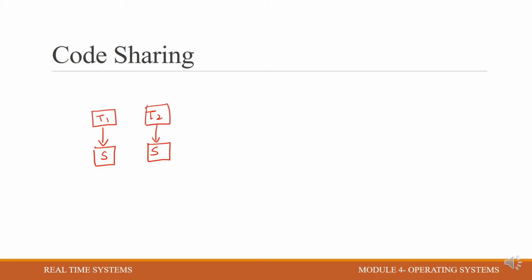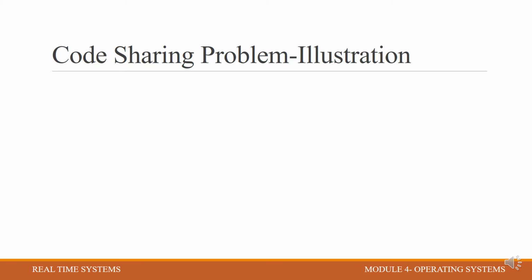Or some mechanism must be provided to prevent one program from corrupting or interfering with the use of code by another task. So code sharing is when T1 and T2 don't have their own copy and try to share the same subroutine S at the same time. This is code sharing.